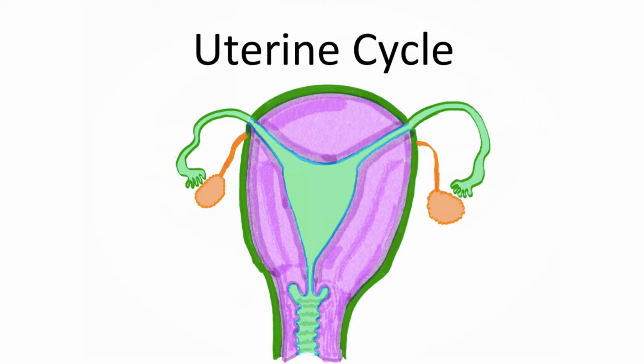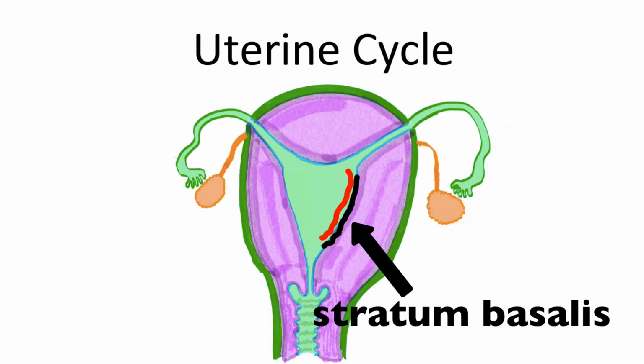This is a picture of the uterus, which we looked at last video. This blue line right here represents the endometrium. Once again, this is the myometrium, and that is the perimetrium. There are two layers to the endometrium. The stratum basalis, which is the outermost layer, and the stratum functionalis, which is the innermost layer.